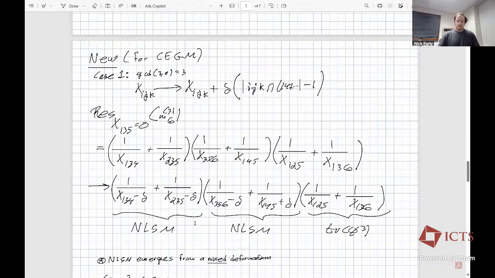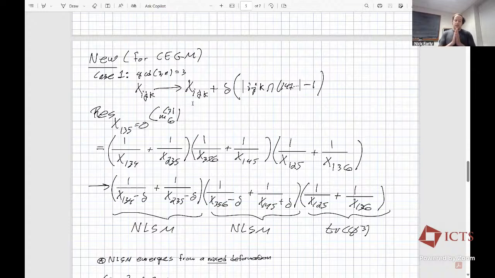So for CGM, what do we do? We send X_ijk to X_ijk plus delta times the size of the intersection of ijk with {1, 4, 7, 10, 13, and so on}, subtracting 1 from that size, assuming n is a multiple of 3. Then we take the delta goes to infinity limit again and extract the leading order term.